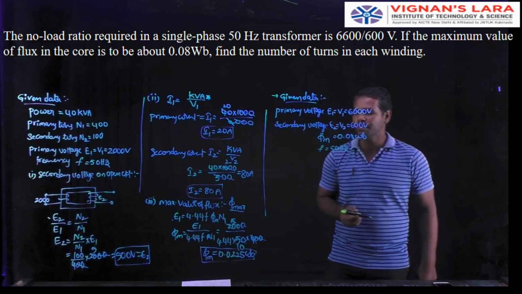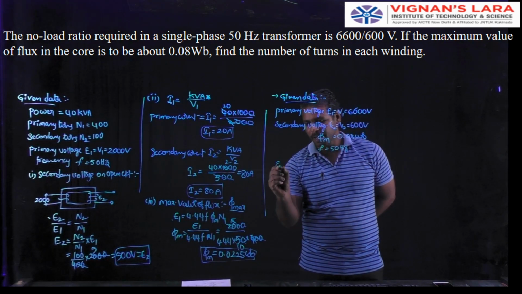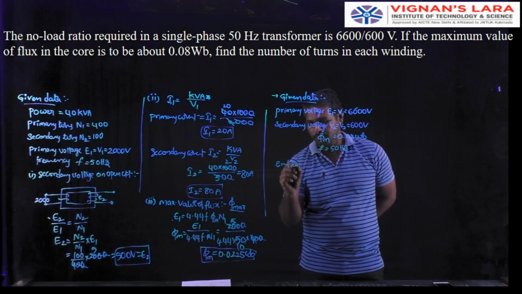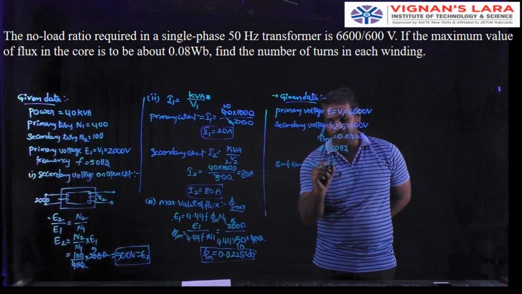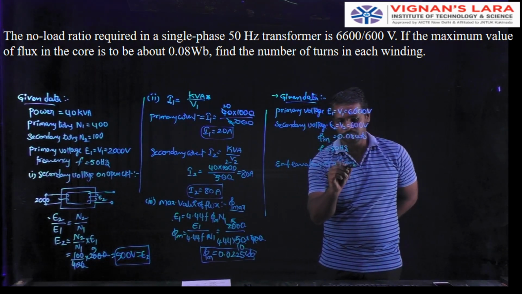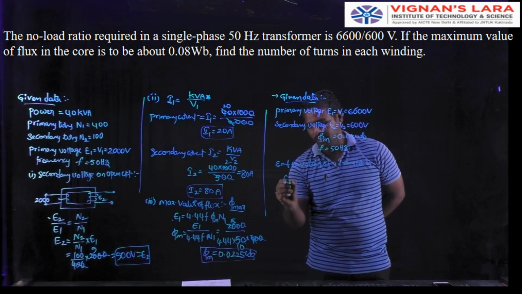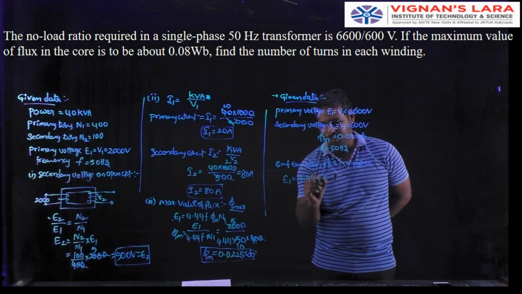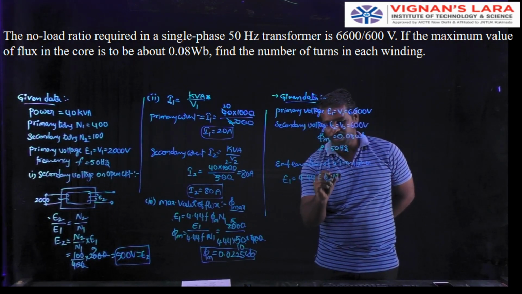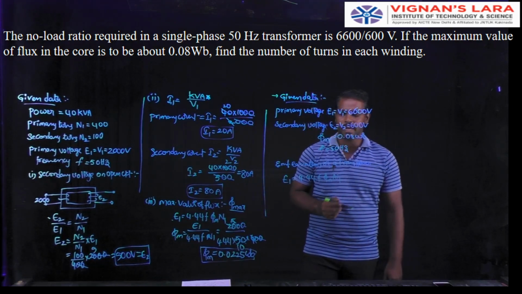So we know the EMF equation of a transformer: E1 is equal to 4.44 into F into phi m into N1. In this equation we can find the N1 and N2 turns.